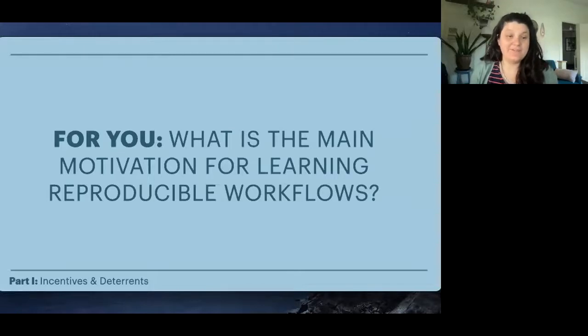Yeah, collaborating, learn from other people's work. Credibility, yeah. Improves the work. Responsibility. The ability to tweak, adjust, reproduce the workflow, yeah, definitely.